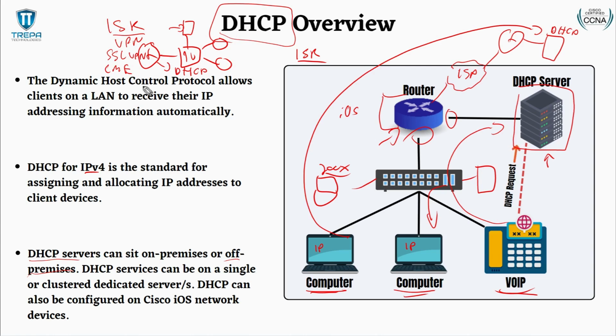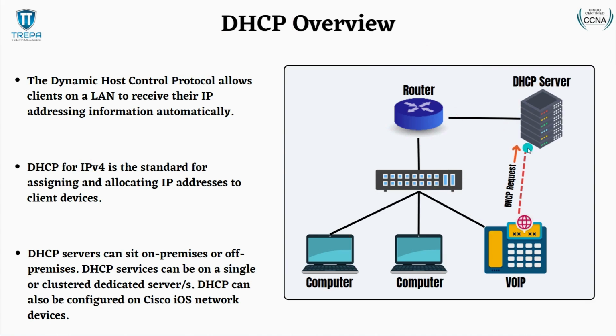So DHCP can sit at the IOS, and for the CCNA exam, we need to learn both DHCP on the IOS and what you do when a DHCP server is configured off-prem and away from the local area network. This is going to make more sense when we get into the DHCP operation, because our clients send DHCP requests via broadcast.